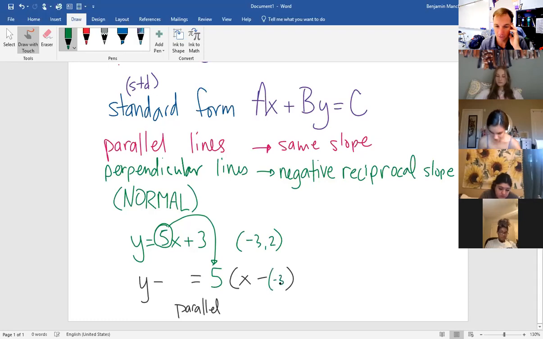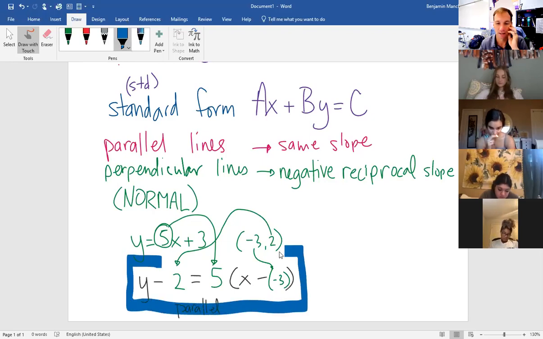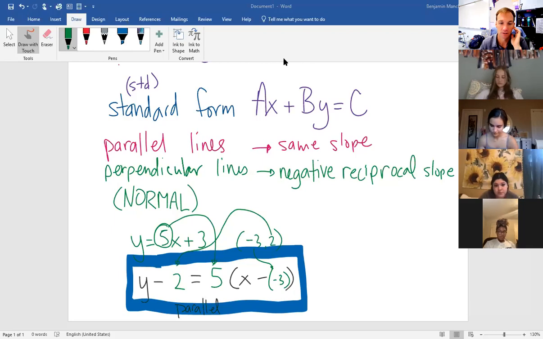So -3 comes in here. And then +2 is the y value. And now my lines are getting all kinds of crazy. And it ends up over there. So this is the equation in point slope form of the line parallel to 5x plus 3.